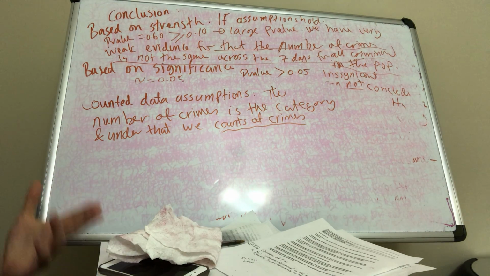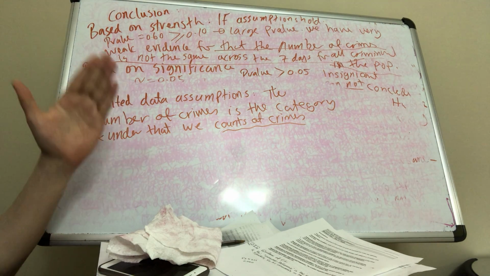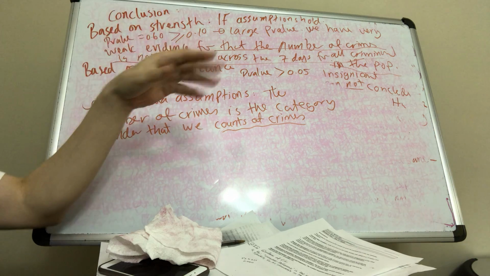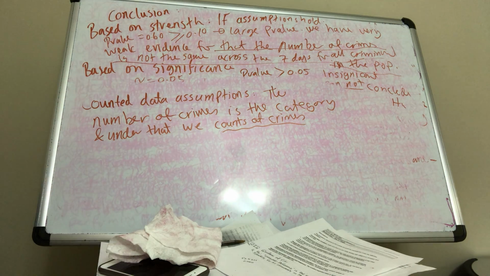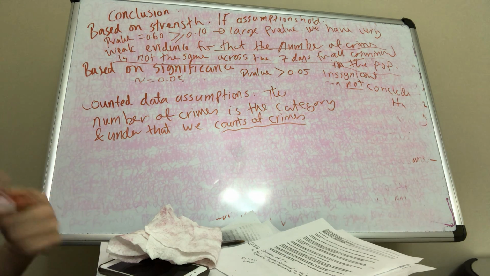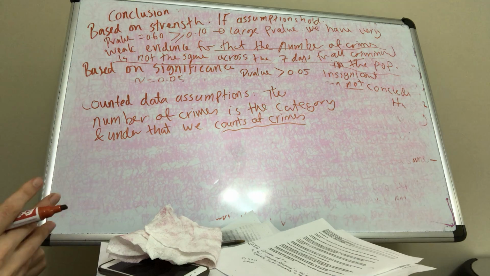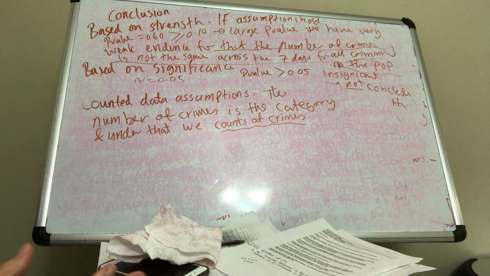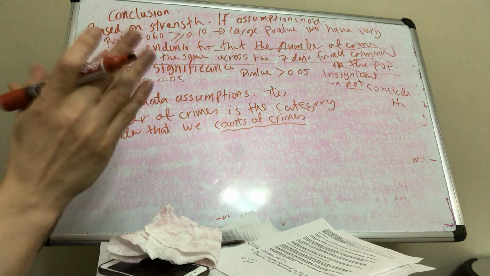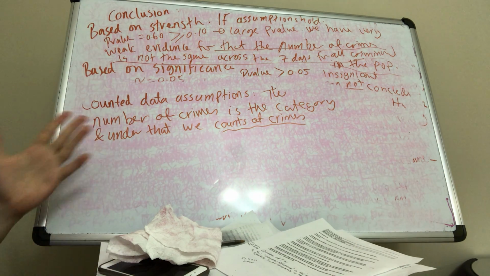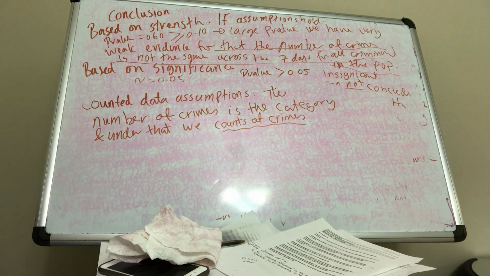So the observed values, if you remember, the 17, the 23, the 21, all of these are counts, number of crimes. It could be number of people, number of crimes, but it's something that you're counting. So it's not like 25 years or 26 inches. No, it's something that we count under a certain category. So the category in this case is the number of crimes, and under the category you have counts of crimes.